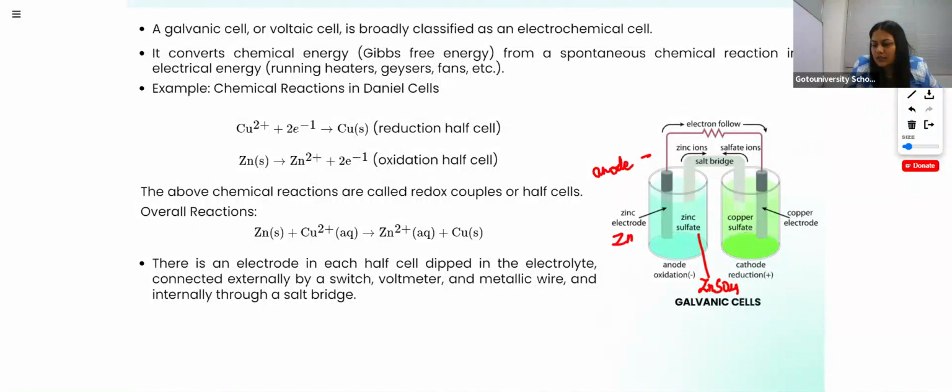This side is known as the anode. All right, and here we have a battery symbol, or say a voltmeter is attached here. We can use this also. This is the symbol of a battery.